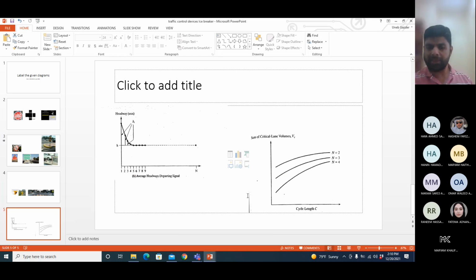Then we discussed some equations as well last week. So I thought I should include these two graphs. So the one on the right hand side, what is this VC and C and N? What is it? What do these things mean? And from where did I get this graph? How did I plot it?